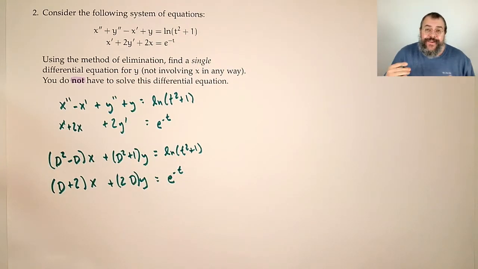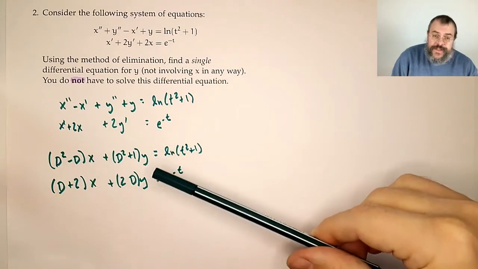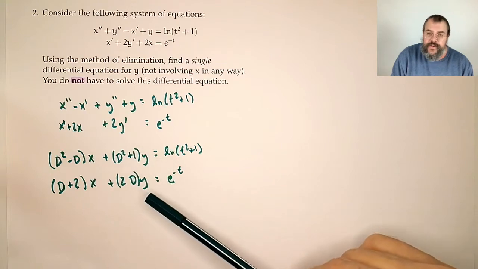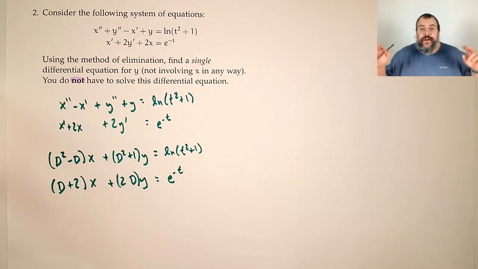So now you might say, okay, well, why do that? Well, what we have is 2 equations with 2 unknowns. We think of x and y as our unknowns. And so we've turned our derivatives into coefficients by using this D notation. That's what's happening with the method of elimination: somehow turn derivatives into coefficients so that you can use techniques you've learned before.